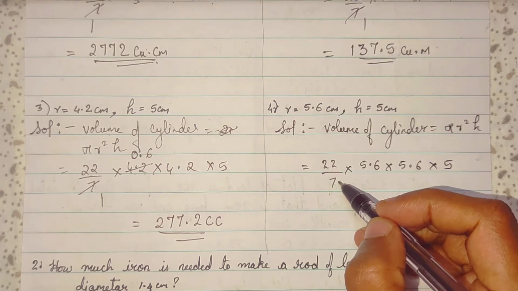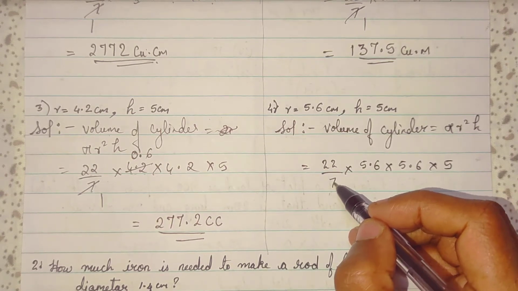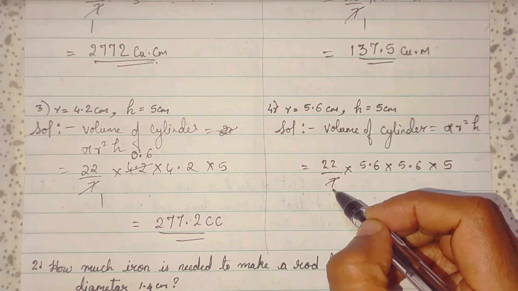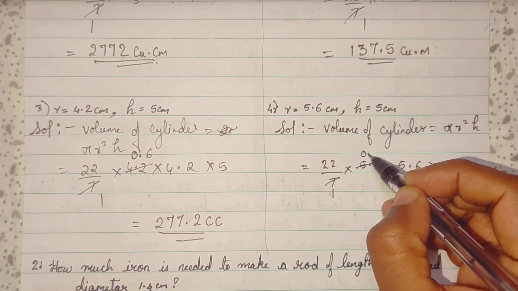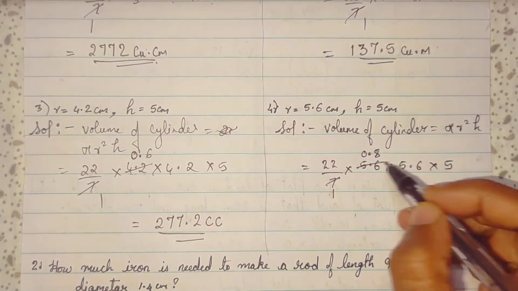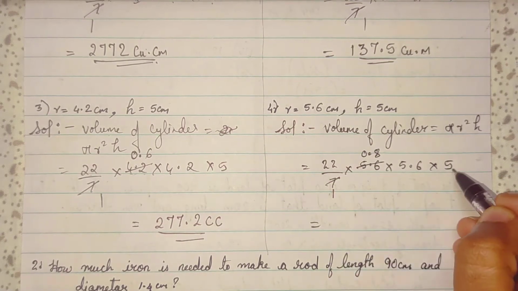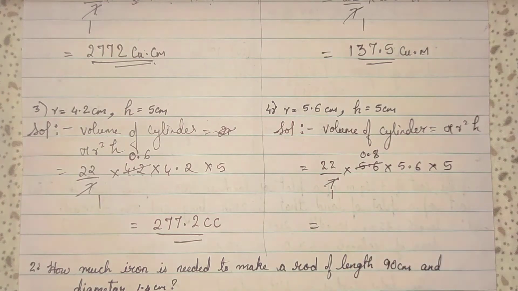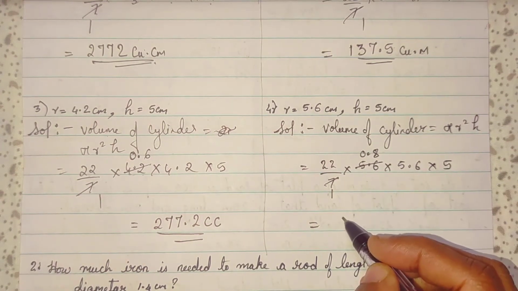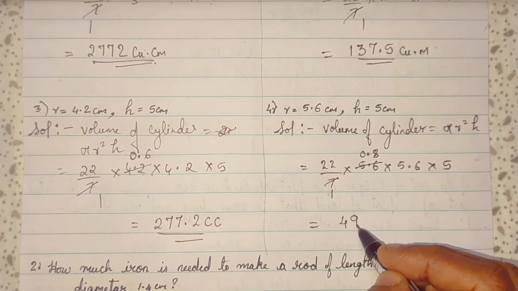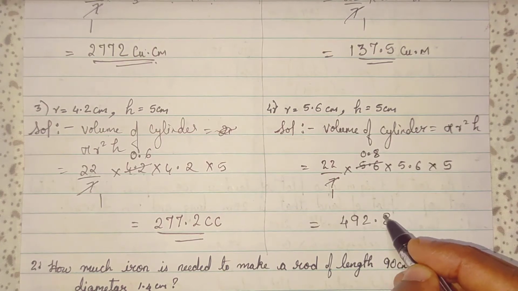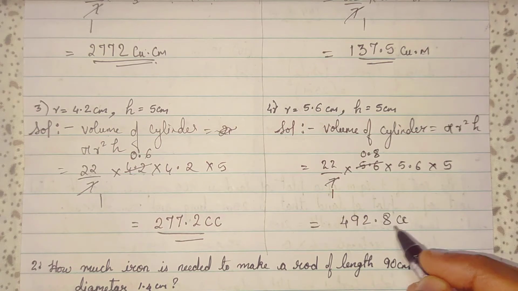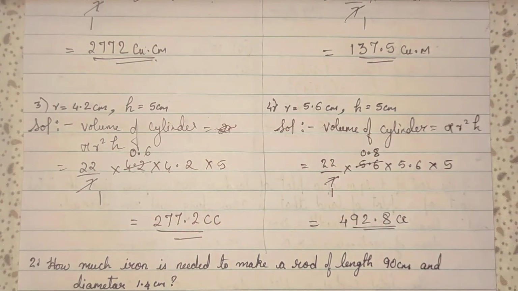So 7 8s are, so 0.8. 7 8s are 56. You have to just multiply all this. So after multiplication you will get 492.8 cubic centimeter.